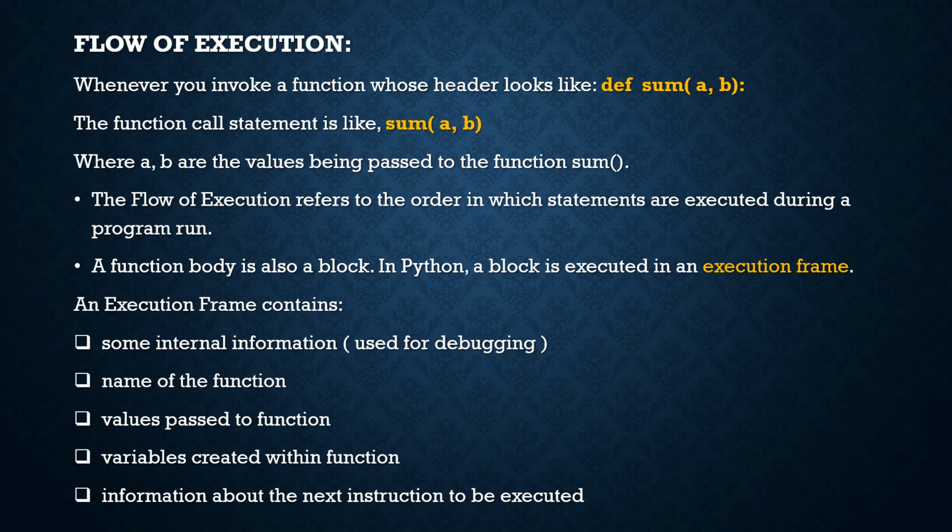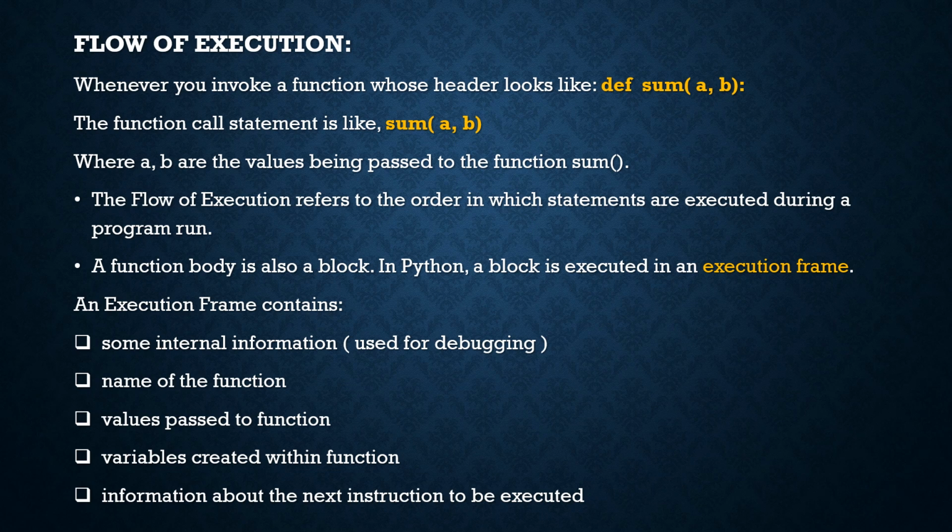Execution frame indicates how an execution takes place: which statement is to be executed first, how to pass the control from one statement to another, how it executes other statements, when it returns the result back, and all those things will be specified under this execution frame. So an execution frame describes how a block of statements is executed.